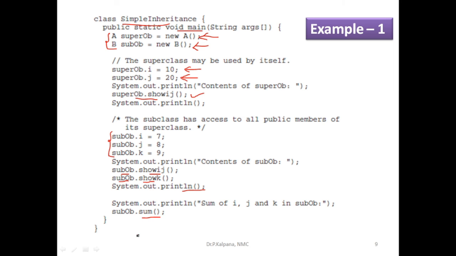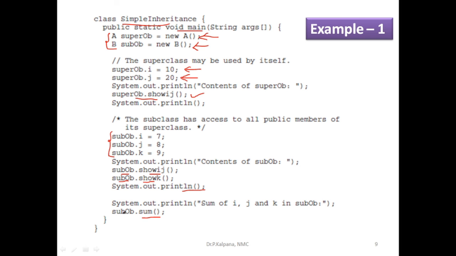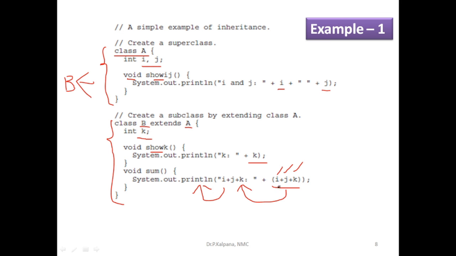This statement invokes the sum function, and the sum function calculates i + j + k. As far as subOb is concerned, the value of subOb.i is 7, subOb.j is 8, subOb.k is 9, so these three values are added. 7 plus 8 is 15, 15 plus 9 is 24. So the summation here is 24, and this will be printed with an appropriate message, that is, i + j + k : 24.